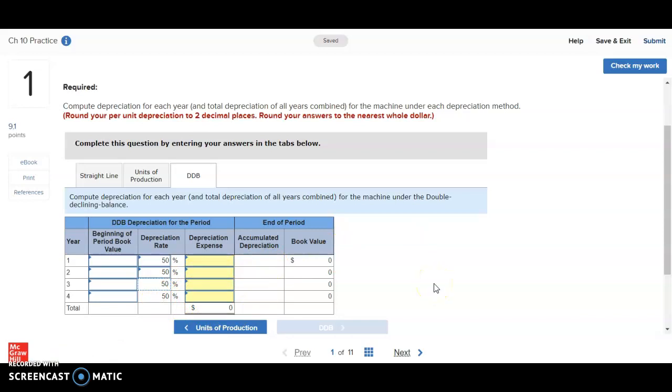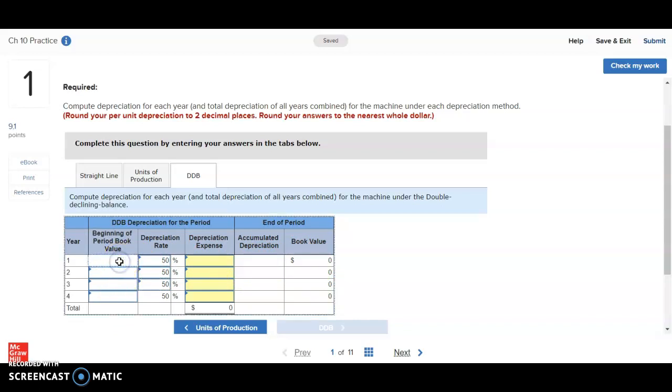Okay, so once we get our depreciation rate of 50%, the first thing we have to remember is that double declining balance is based off of the beginning period book value. So we have to have that for every period. We can't just list each of the values every year. We need the ending book value from year 1 to go into the beginning book value for year 2.